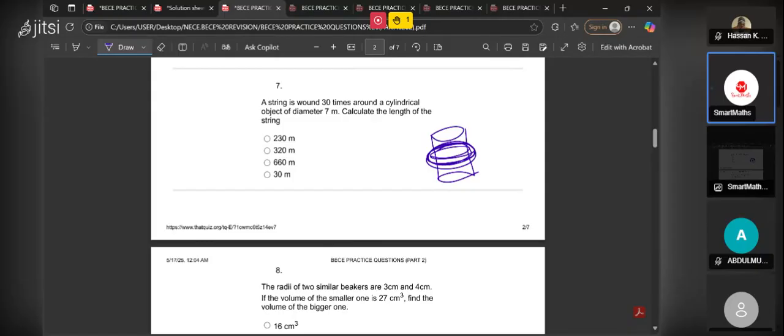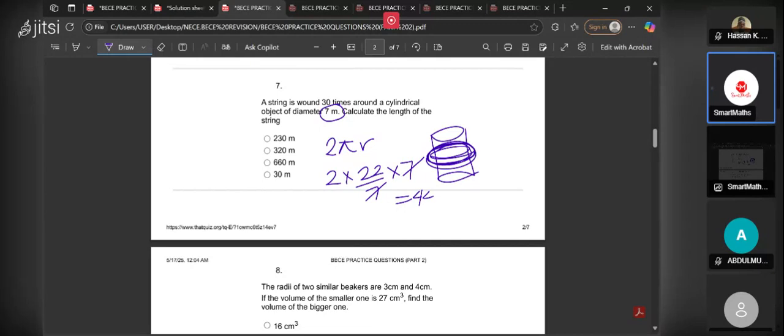The circumference of a circle is 2 pi r. Taking the given value as the radius, that will be 2 times 22 over 7 times 7. So 7 cancels 7, and we have 44.